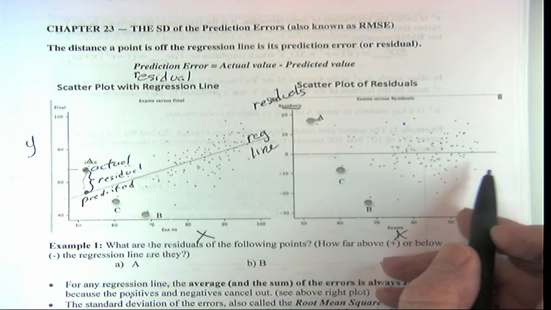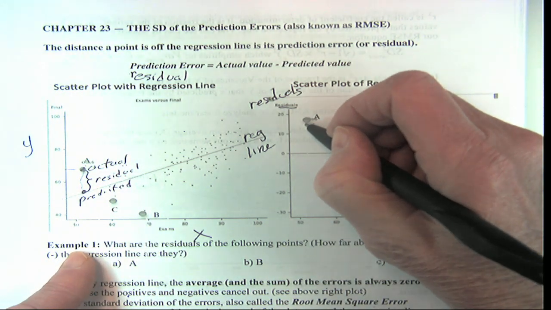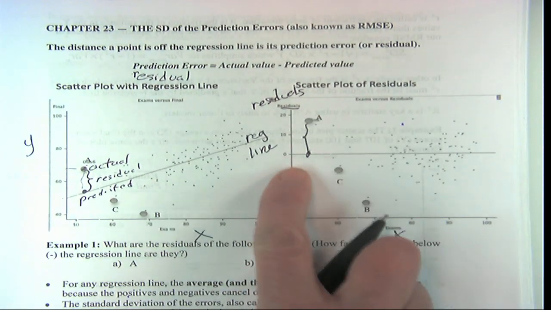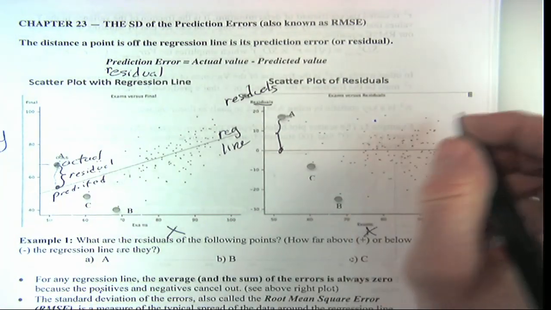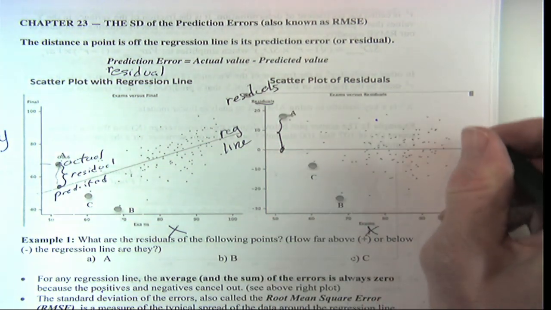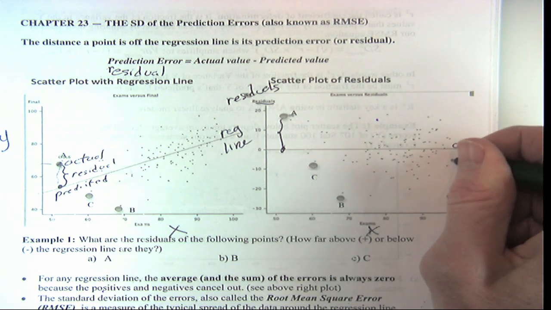So point A is easier to read here because this is 0 right here. It's above or below the line. And by the way, the average of all the residuals is 0. This is the average of all the prediction errors.